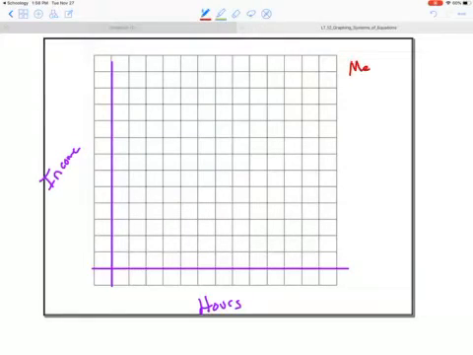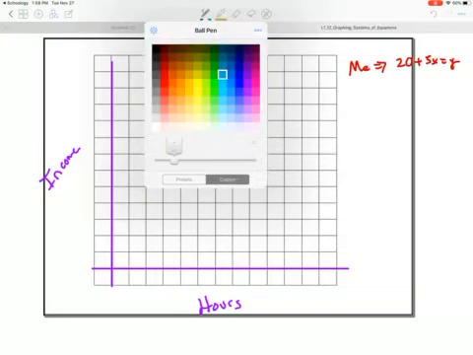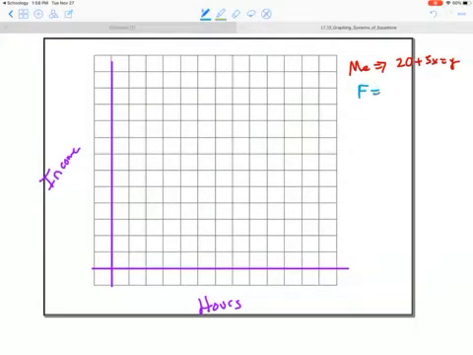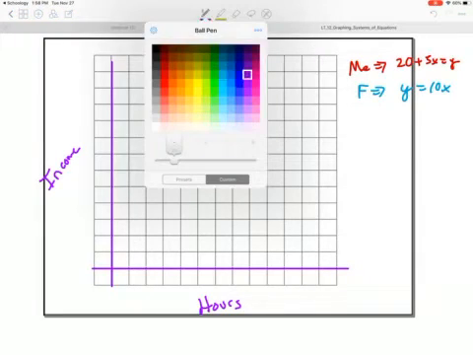For me, I have 20 plus 5x equals y. So I have a y-intercept of 20. For my friend, she's got y equals 10x. So I'm going to graph these two separately. Now I need a good scale.